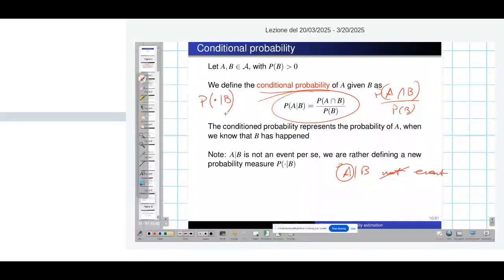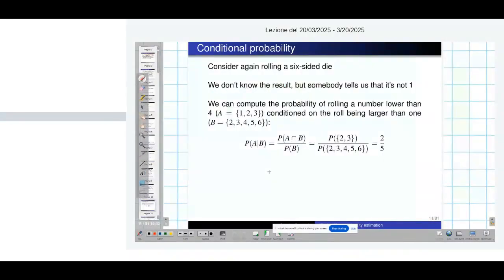It is the value that I assign to each of the possible outcomes when I assume B, and it's defined by this expression. So it's not independent of the original probability function P, because it's defined in terms of it. But what we are doing is not defining an event, just defining a new measure for the likelihood of the events.